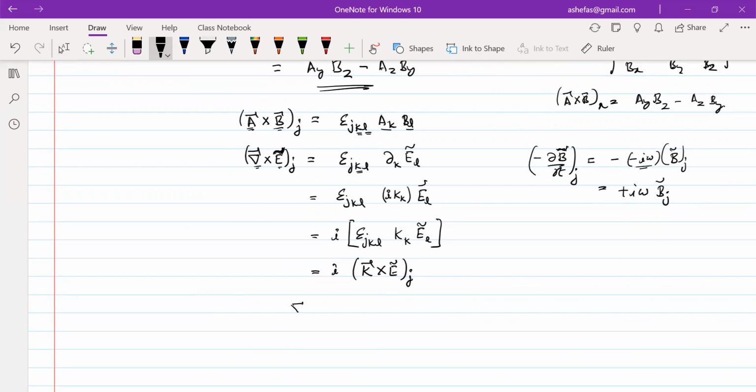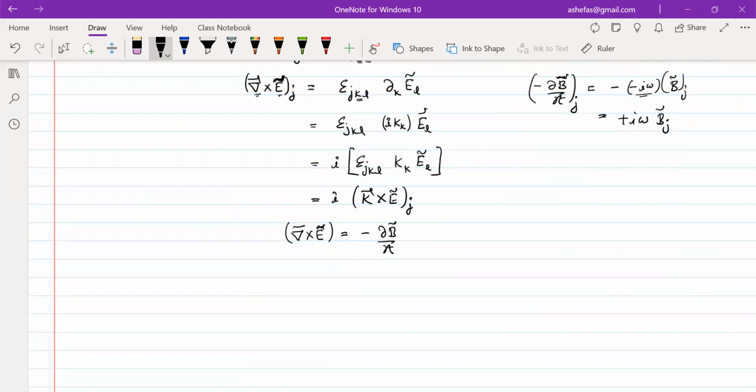Okay, now using Faraday's law, which is del cross E equal to minus dou B by dou T in complex notation, the jth component of del cross E is I times the jth component of k cross E, and that equals I omega times the jth component of the magnetic field.